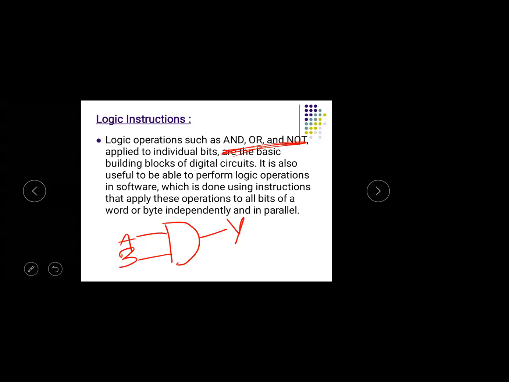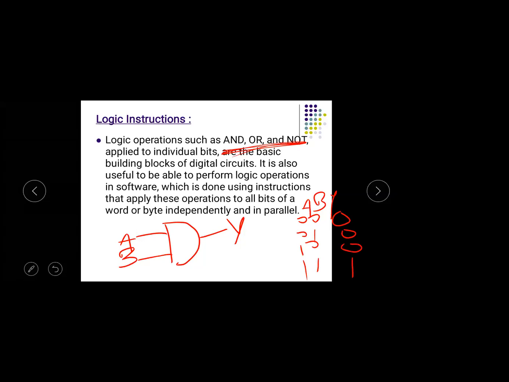For the AND gate, the truth table is: A B, 0 0, 0 1, 1 0, 1 1. There are four combinations. For 0 0, the AND gate output is 0. For 0 1 also 0. For 1 0 also 0.